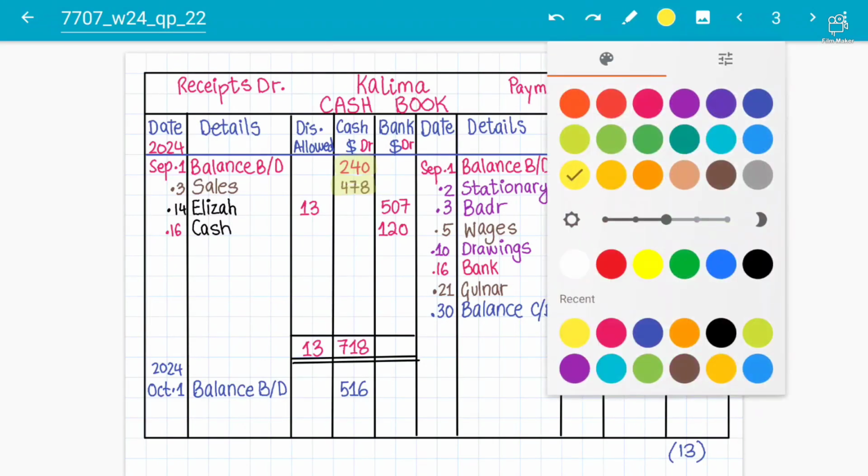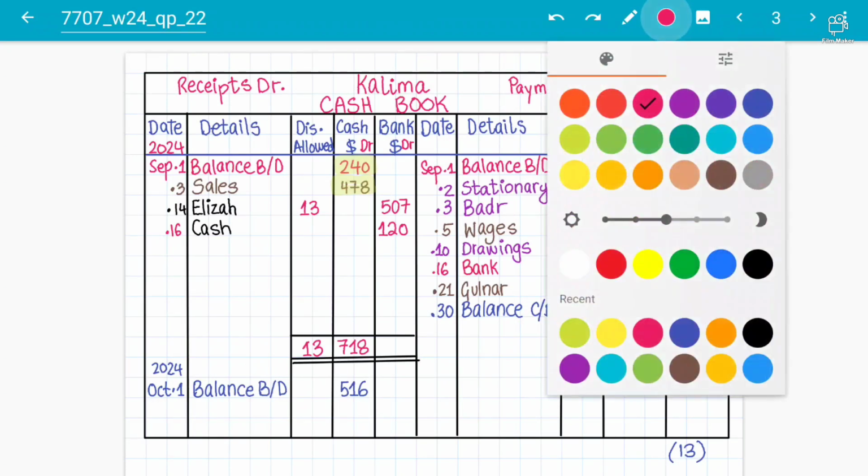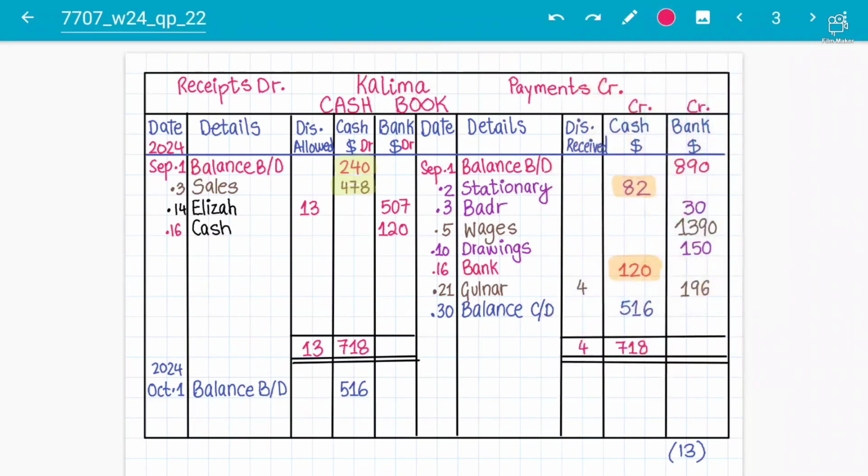Let's do it together with the calculator: 890 plus 30 plus 1390 plus 150 plus 196. So I got this as 2656.